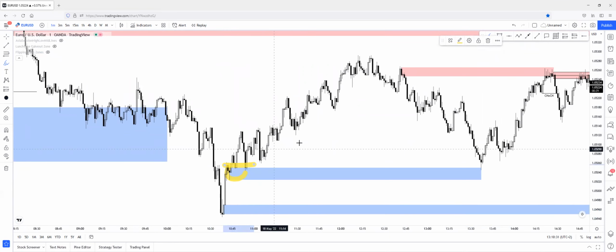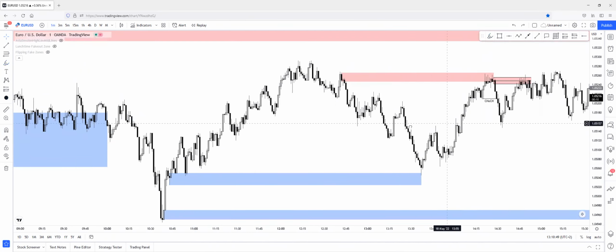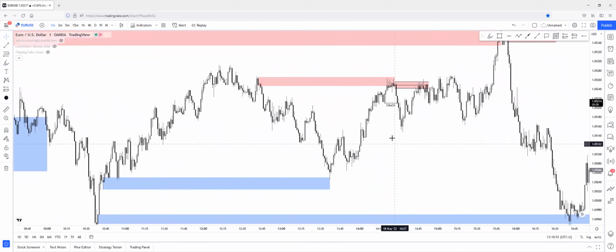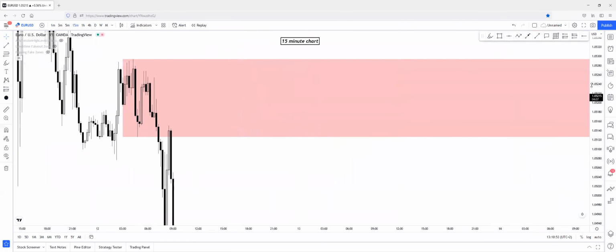And I marked this demand zone because at the beginning of the session, when I was making the markups during the live session, price reacted on this zone, as you can see. Price perfectly reacted and reversed on this zone, because it swept liquidity, swept these double bottoms and this liquidity into this demand zone. And after the sweep of the liquidity, price just reversed on this demand zone and started a bullish order flow to the upside. Okay, switch back to the 15-minute chart.